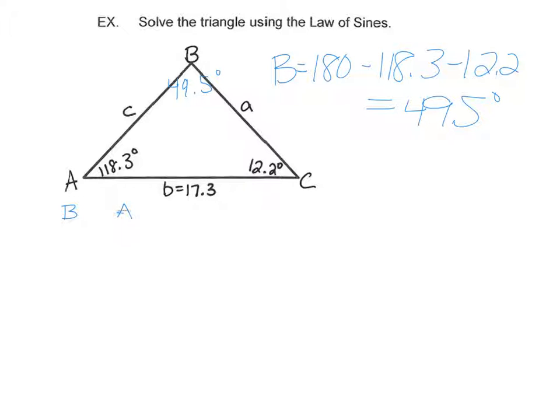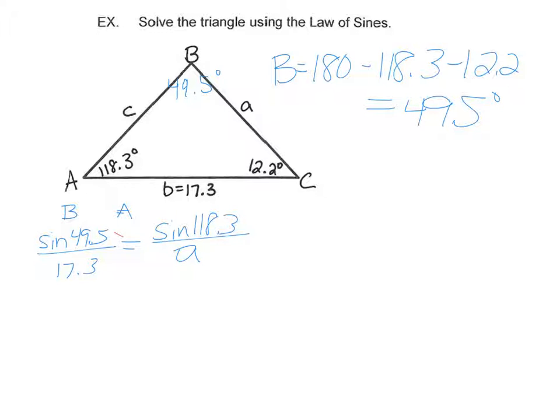The law of sines would say sine of angle B, 49.5, over side B, which is 17.3, equals, and then the A's, sine of angle A, 118.3, over side A, which is what we don't know. So you should always just be missing one letter.